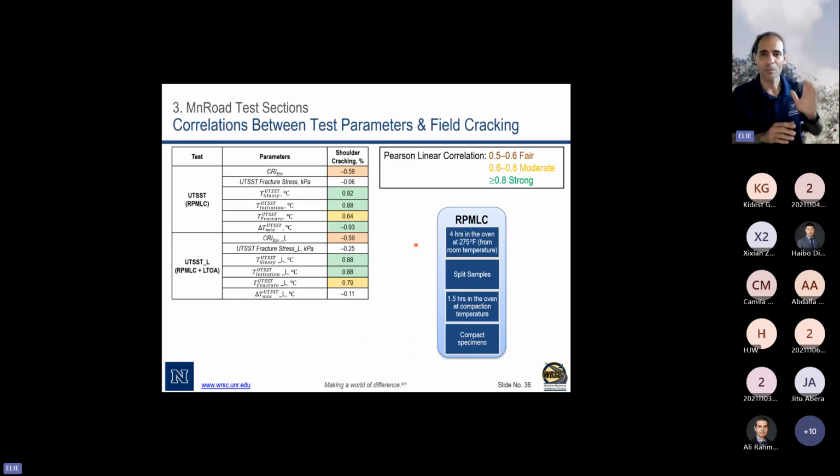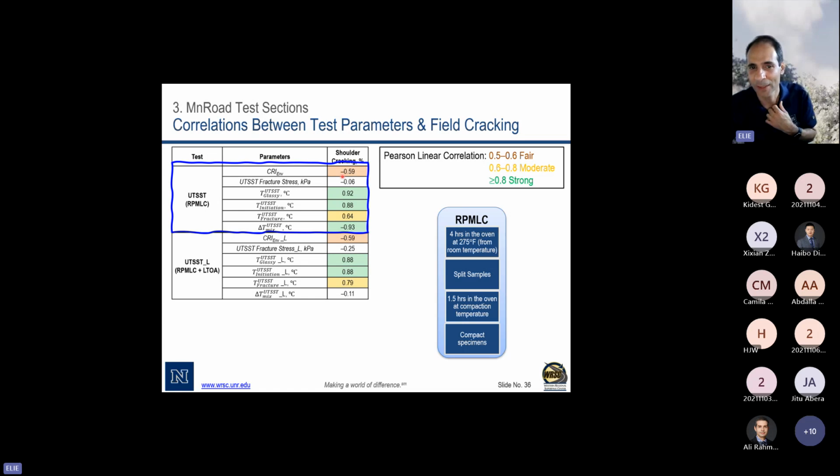Now we looked at the correlations between the UTSST parameters and the cracking we're seeing in the field. We saw several of the parameters have a very strong correlation, which is very promising to us. Now, you may say, oh, your CRIE is barely moderate, it's borderline. Well, I'll tell you why, and I'll show you. The correlation is still very good.